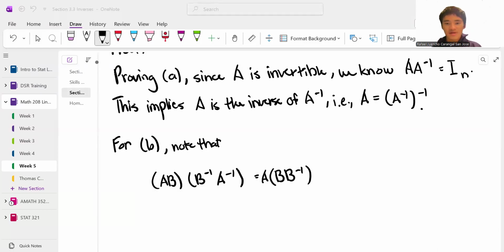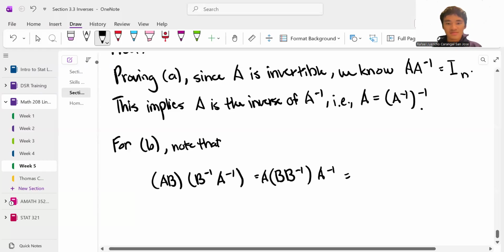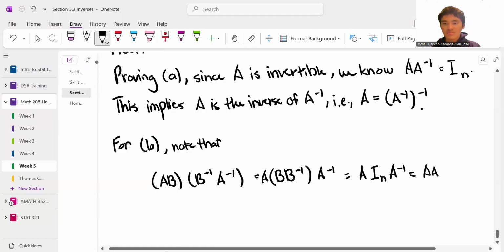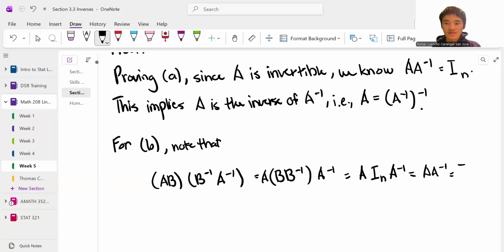And then I'm multiplying A inverse here. And this is the same thing as A times I sub n, since B times its inverse is just going to be I sub n. And that is just going to be A times A to the negative 1. And that's just the identity.